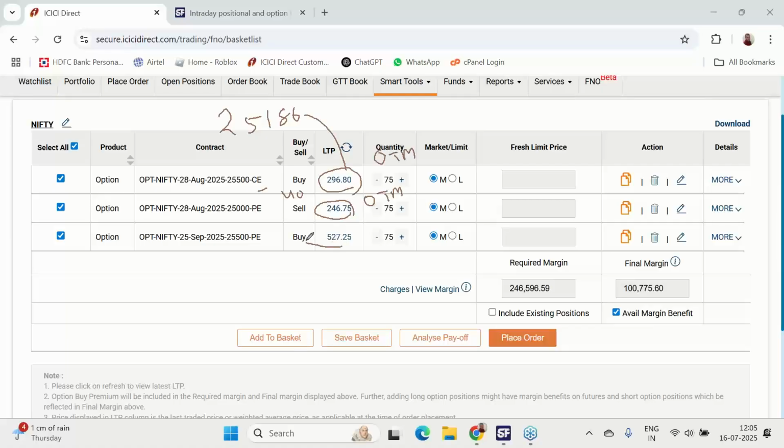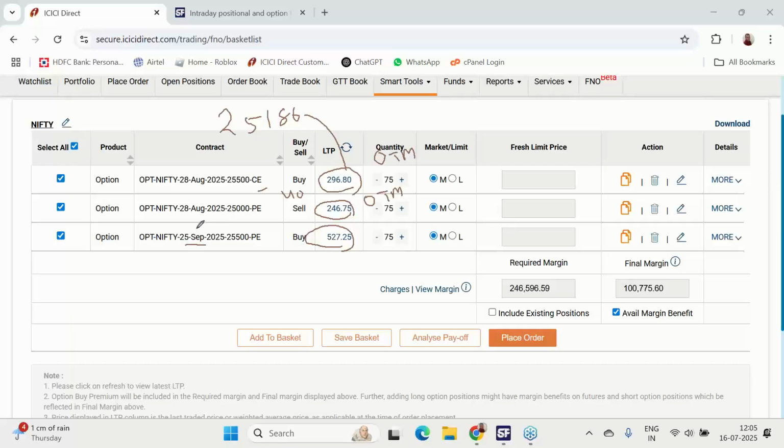But here I am adding one more put option, of September, not August. You must ask me why not August, why September? If I add August, the delta will not flip from negative to positive.